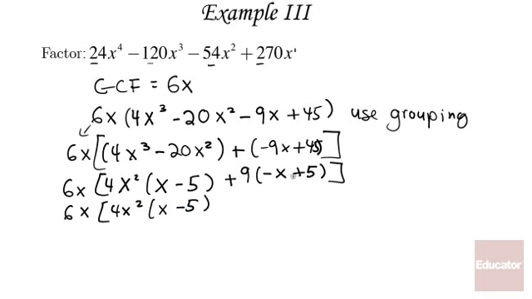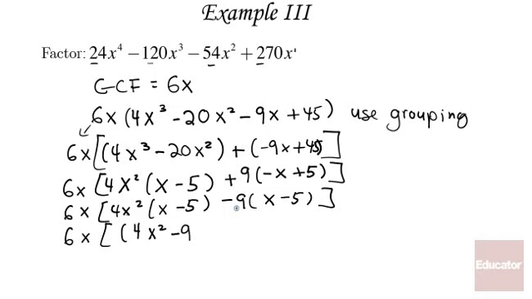So I'm going to factor a negative 1 from this second expression over here. Now I've got a common binomial factor, and when I see that, I can factor that out. So I'm grouping the 4x squared minus 9, and then I'm just factoring out x minus 5.